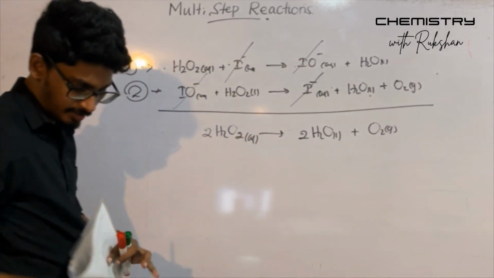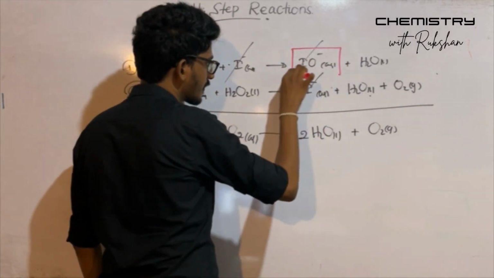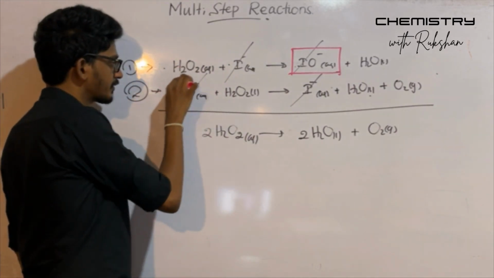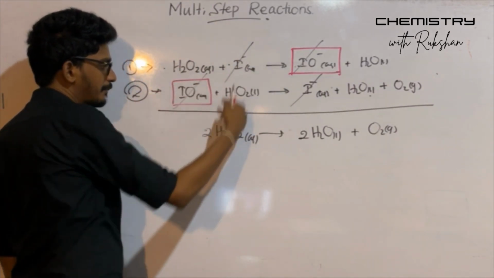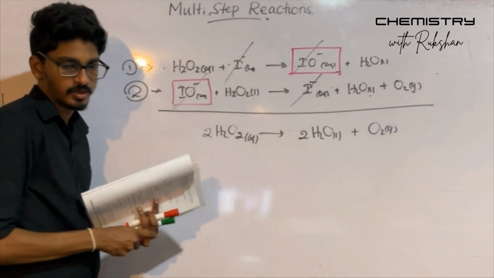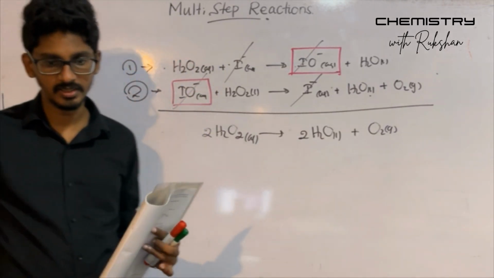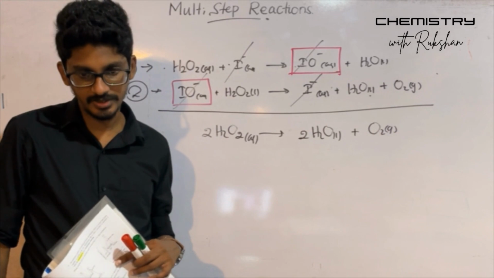IO minus is the intermediate, which is produced first and then consumed. So this thing is not appearing in the overall reaction. So IO minus is the intermediate.